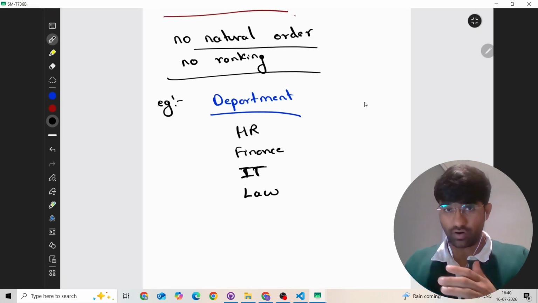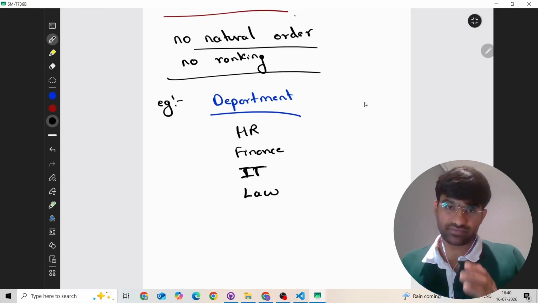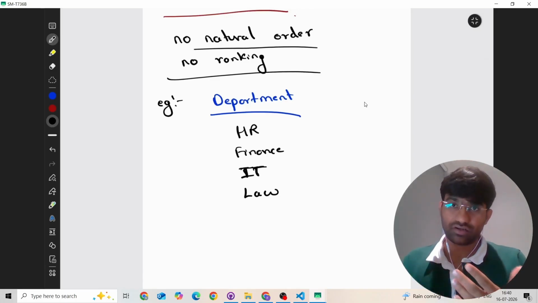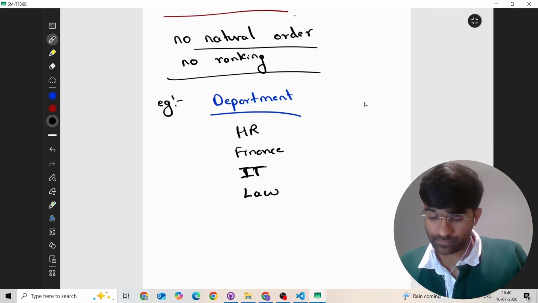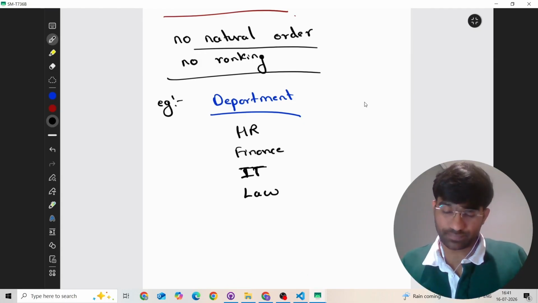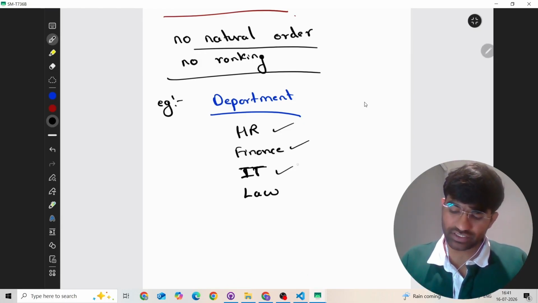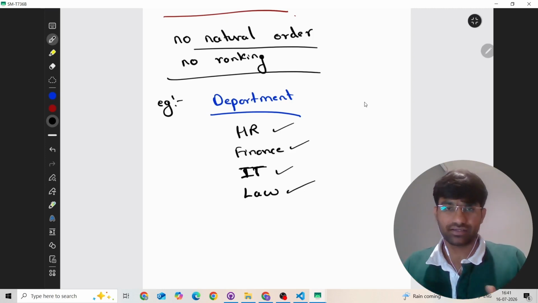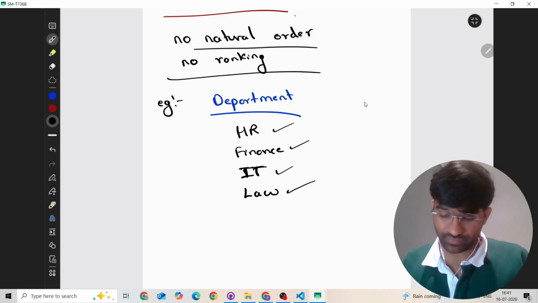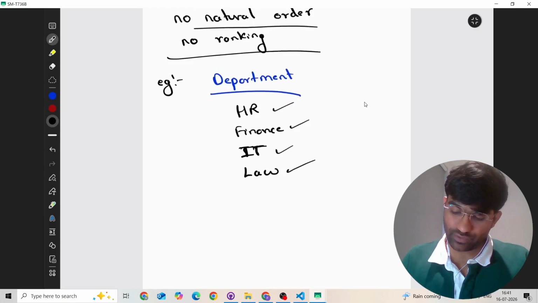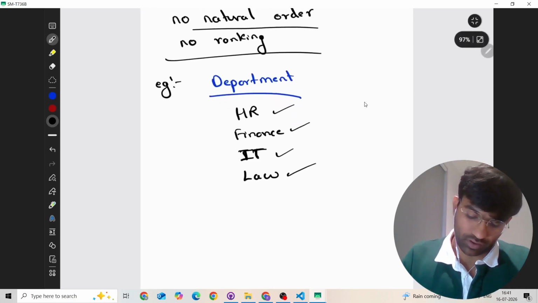Is there any order here, like HR and finance? If there is any relation greater than or less than or equal to, we don't have any specific relation here. Every department is independent of each other. It is not related in any way. In such a case, we have to do one hot encoding.